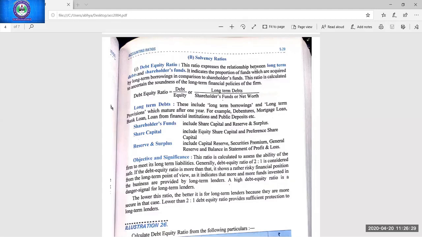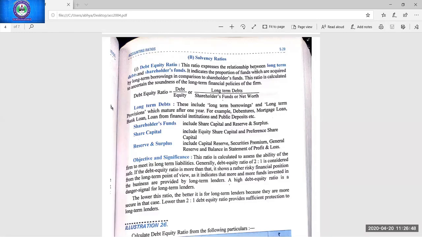Which 2 subheads? Long-term borrowings and long-term provisions. Long-term borrowing means debentures, mortgage loan, public deposits, loan from bank, loan from financial institutions. These are the examples of long-term borrowing. And long-term provision: provision for gratuity, provision for warranty, provision for leave encashment, which we have already studied in chapter 1.